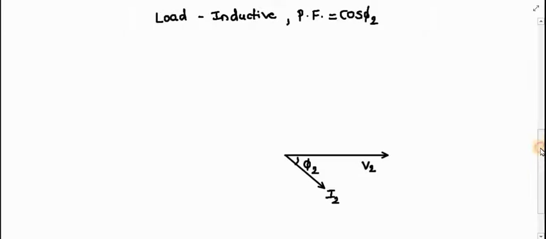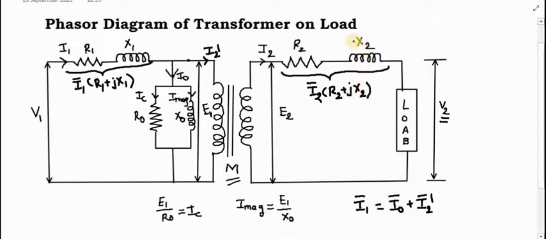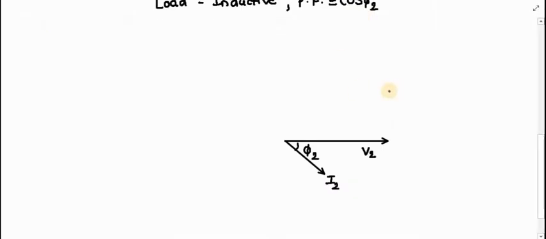Now on the secondary side, come again to this equivalent circuit. Where will the drop take place? The drop will take place in the secondary winding resistance and the secondary winding leakage reactance. Starting with voltage V2 as the reference vector, I2 is drawn lagging behind V2 by angle phi 2, and the magnitude of I2 is decided by my load impedance.